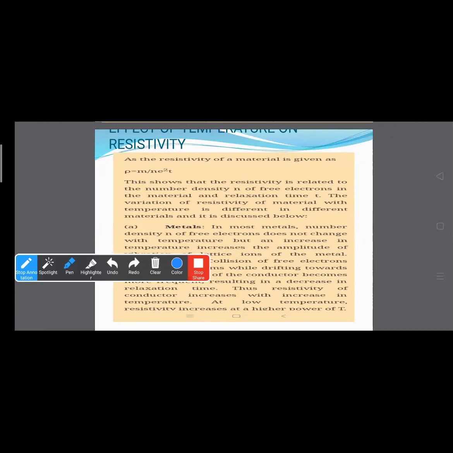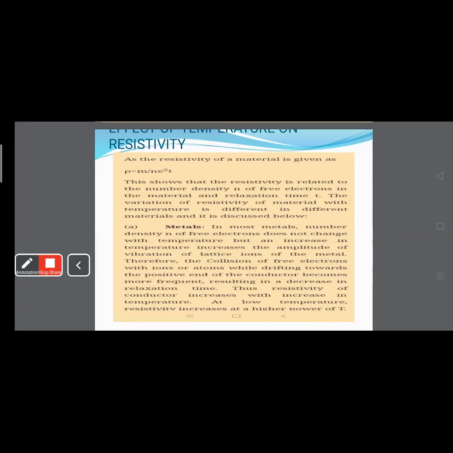So with this increase or decrease in resistance, resistivity also decreases or increases. Okay. So with increase in temperature, we have different categories: metals, non-metals, semiconductors, or alloys. Clear? So let's discuss one by one.